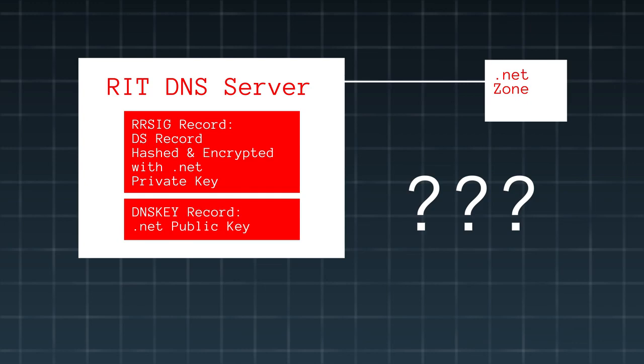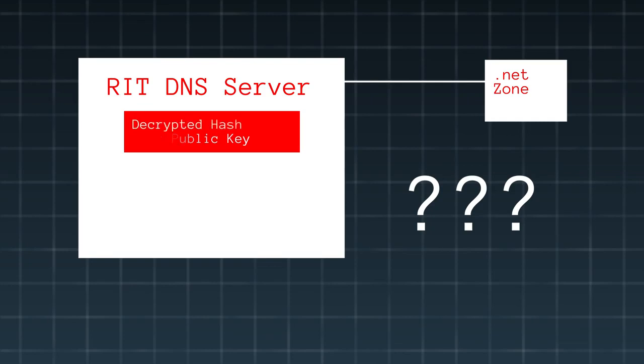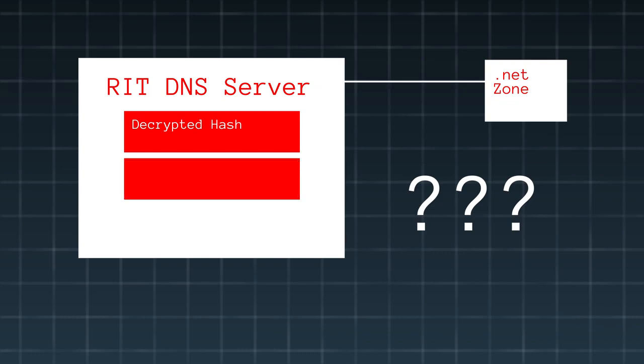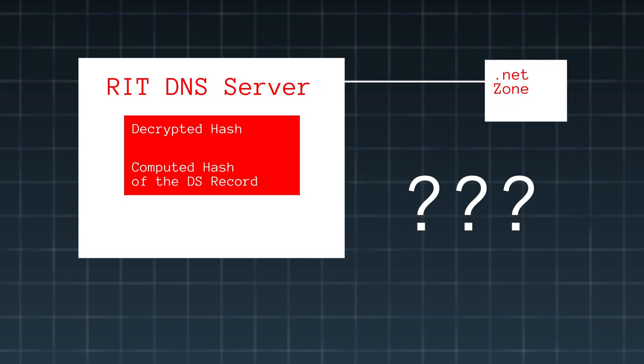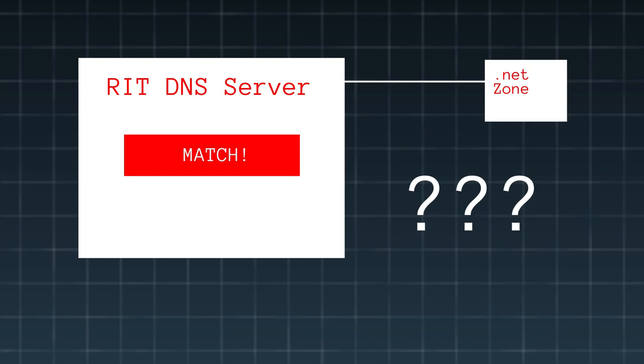The RIT DNS server takes the .NET public key, decrypts the RRSIG encrypted hash, and computes its own hash. If the two match, the .NET zone has proven it is really the .NET zone.